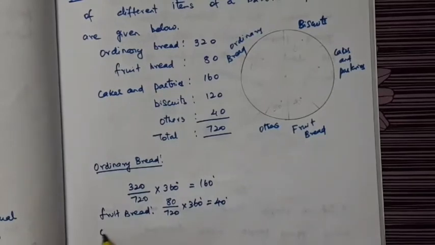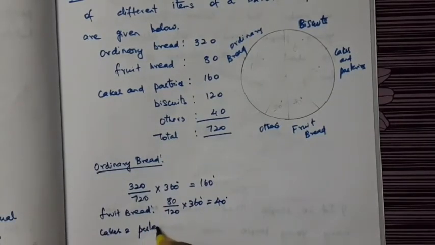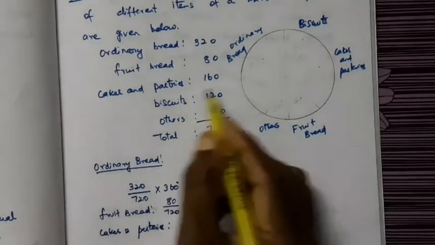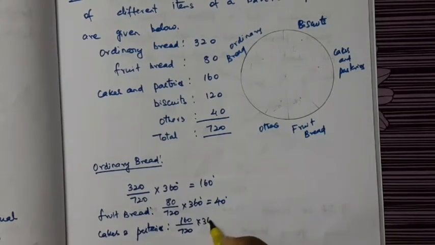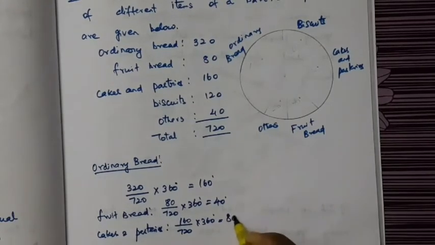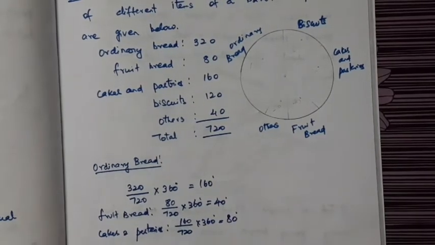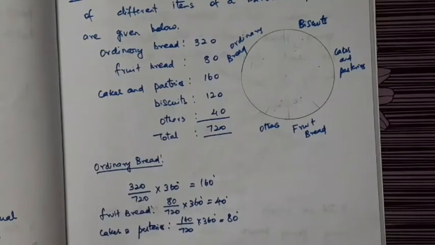The next is cakes and pastries. It is 160. So 160 divided by 720 multiplied by 360 degree. That is equal to 80 degree. The next is biscuits.